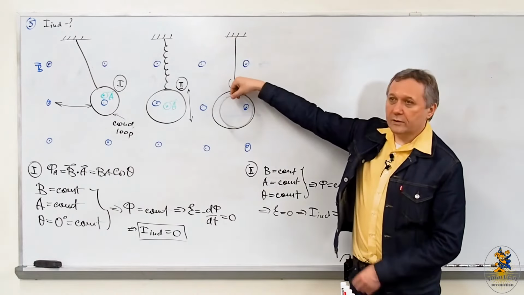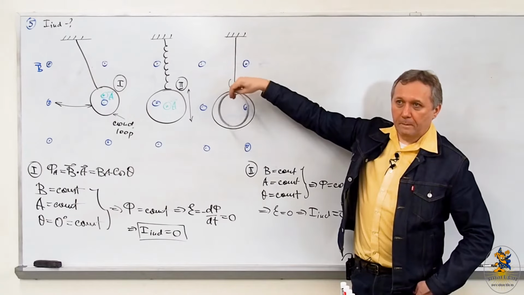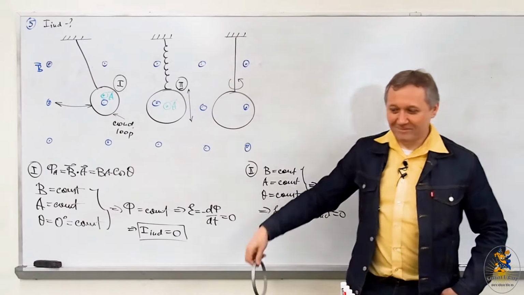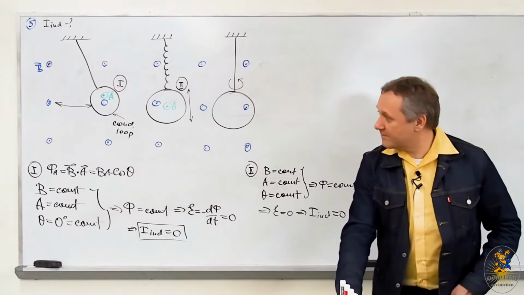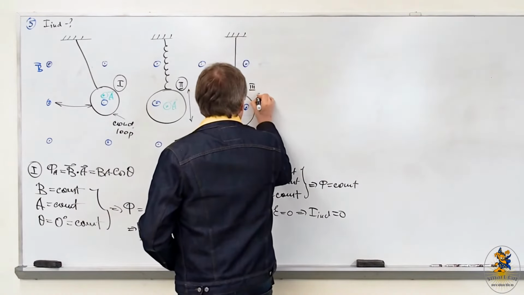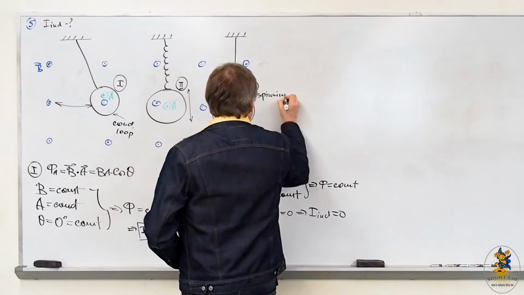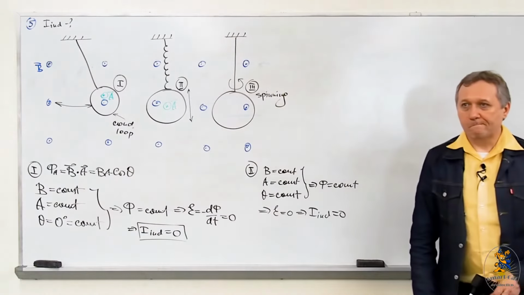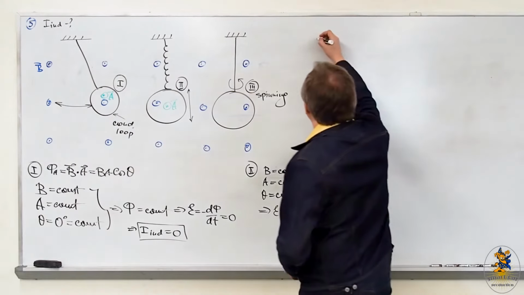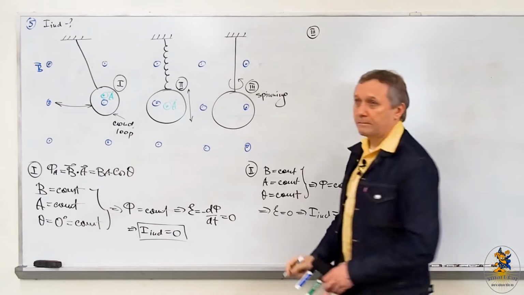We have this loop, and now we're spinning it. So let me write, it's case number 3, spinning. I think I will move over here for the discussion of case number 3.